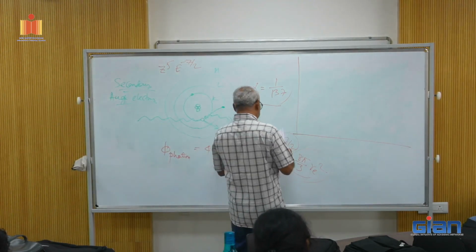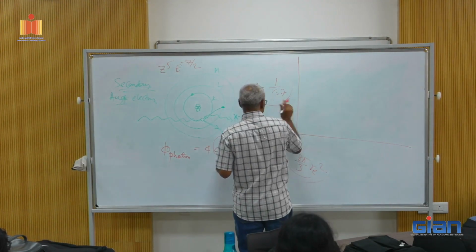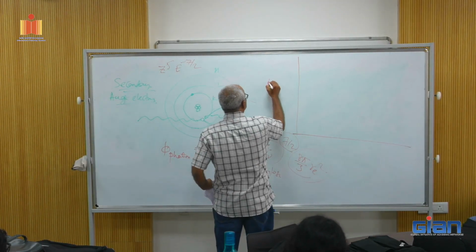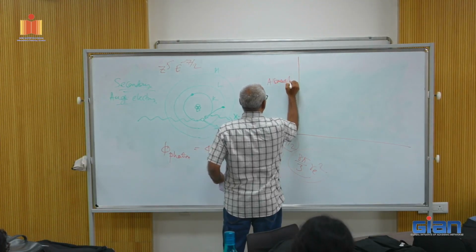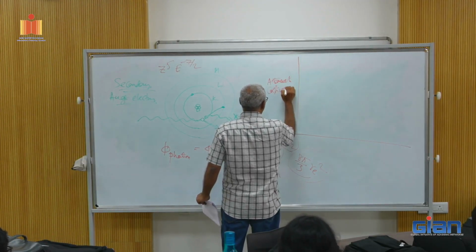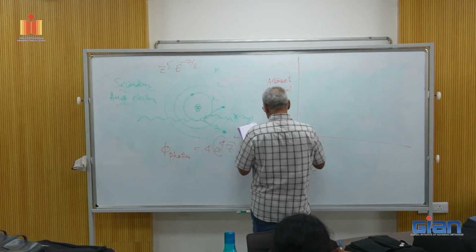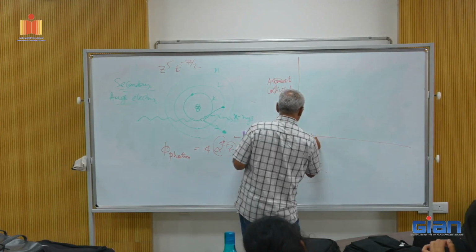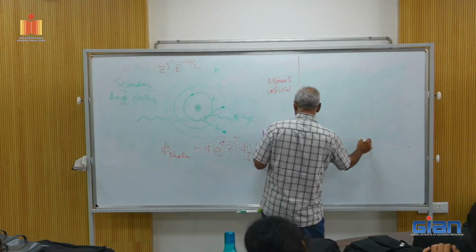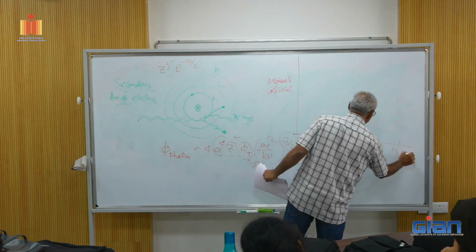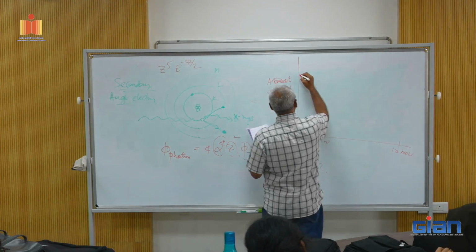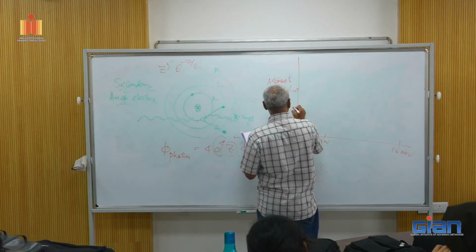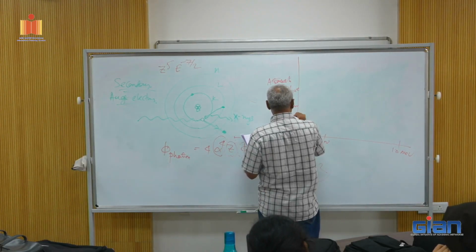Now let me just plot here, which I already wrote some time ago. So this is the attenuation coefficient. Let's scale it. Let's say this is 1 keV, this is 10, this is 100, and so on, up to let's say 10 MeV. Here I can have 10,000, and this is 1,000, 100 and so forth.